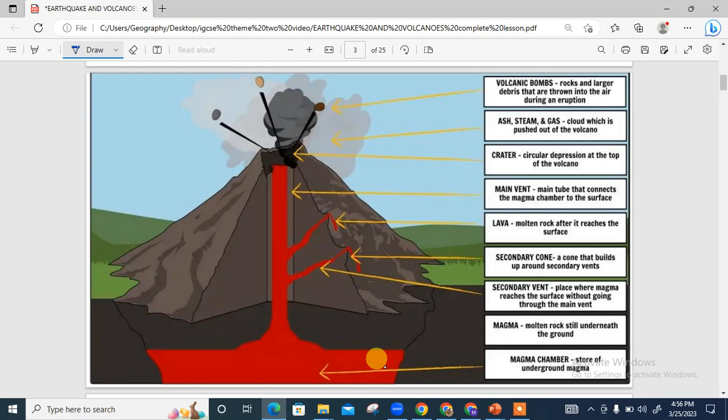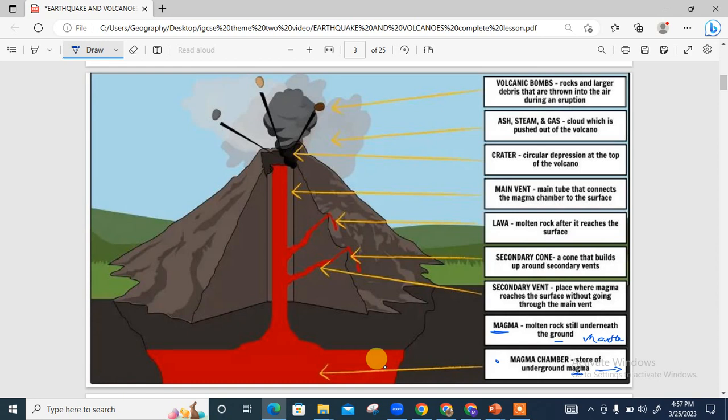Here at the bottom we have the magma chamber, which is a store of underground magma, which is molten rock. Magma is molten rock that is still beneath the ground, usually within the mantle in the earth's crust. Then we have the vent: the main vent and the secondary vent.